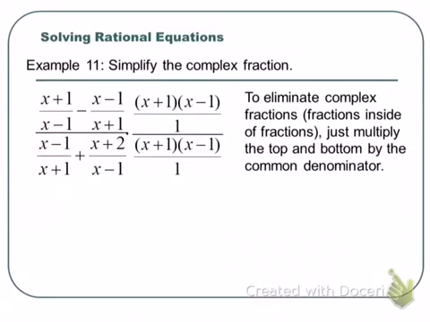We're allowed to do two things. We can multiply by 1, or we can add 0. That's the only two things we're allowed to do to a term. So I'm multiplying my original term by x plus 1, x minus 1 over itself. What I'm really multiplying by here is 1, and we're allowed to multiply by 1.